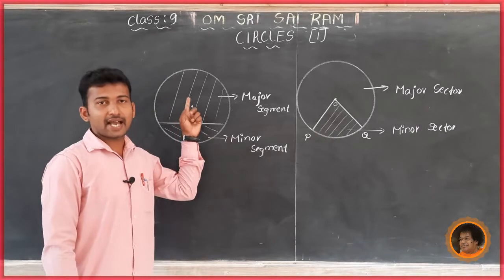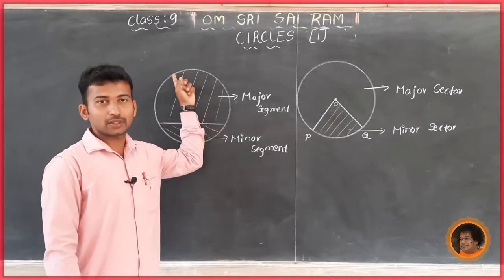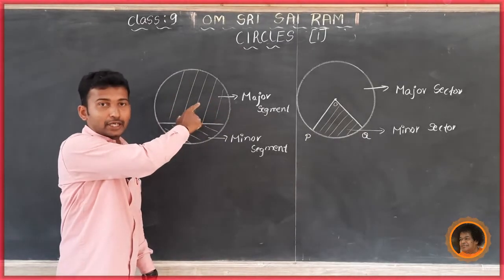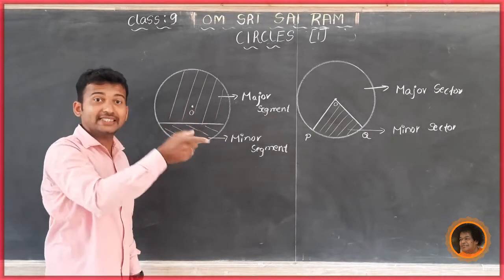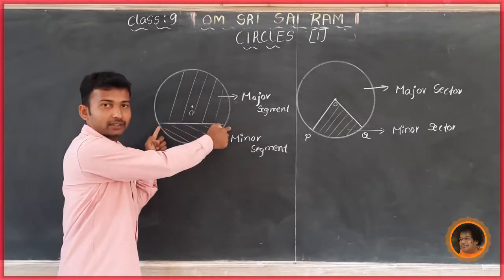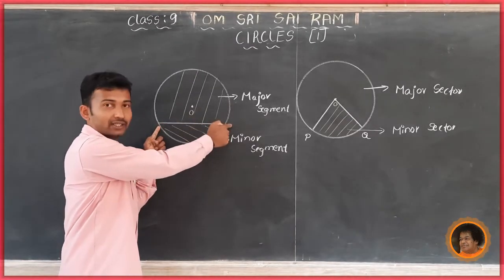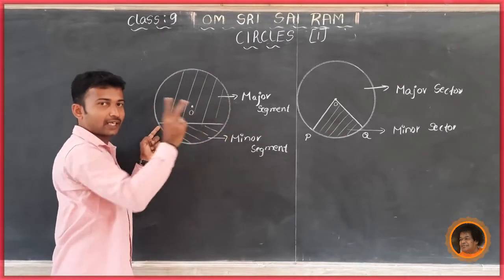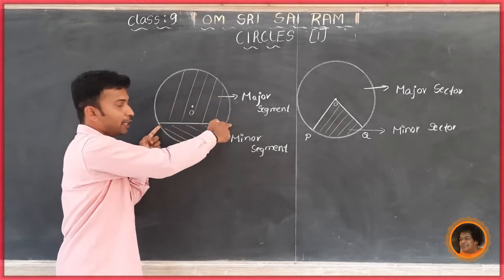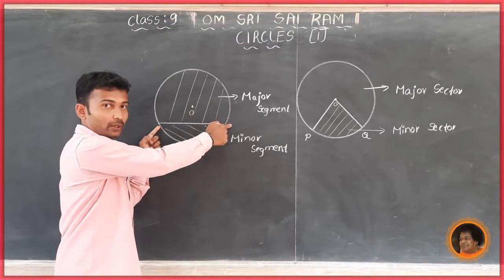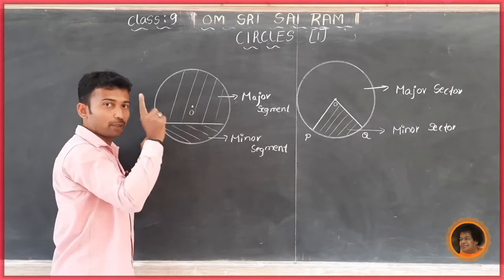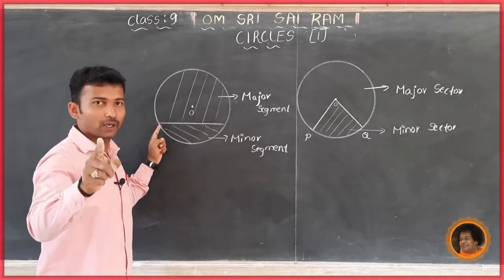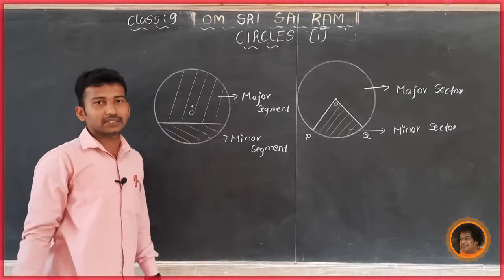The circle and the interior make up the circular region. The region bounded by a chord and arcs. There are two arcs, major arc and minor arc. So, the region bounded by the chord and either of its arcs is called a segment of the circle.